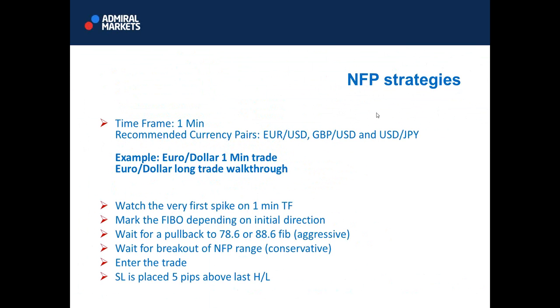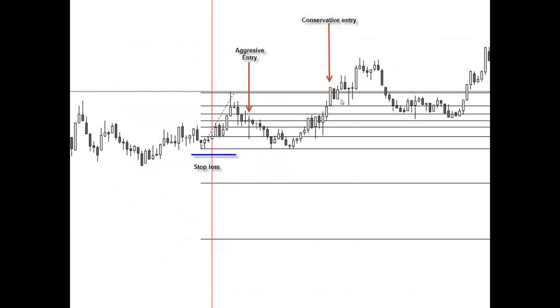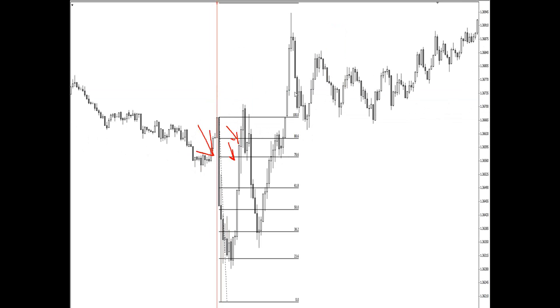Okay, this is the first slide. These are the examples. This is 78.6 and this is 88.6. Okay. Again, another example.